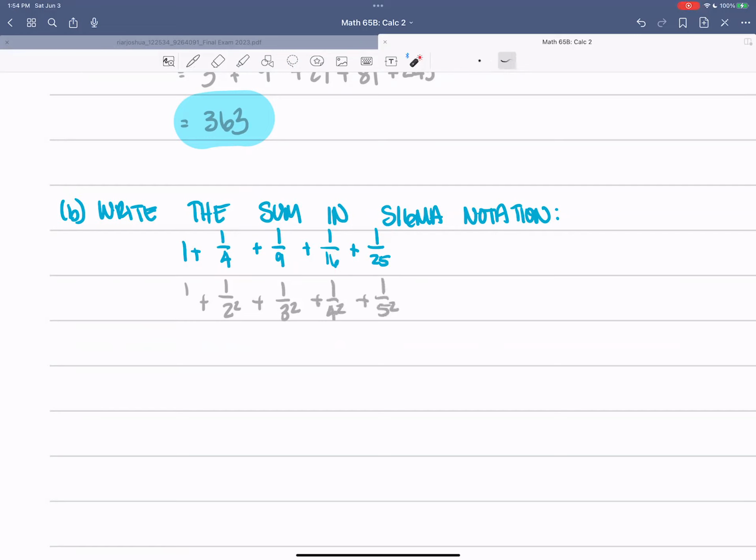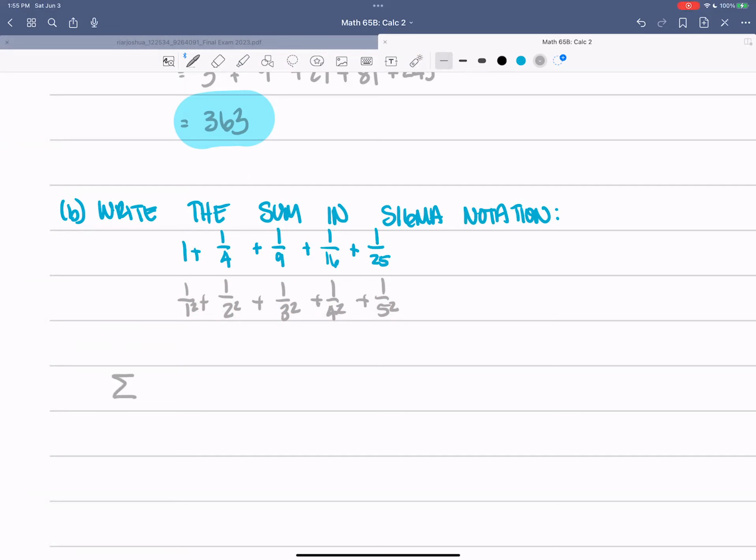And now that I think about it, this one right here, we could rewrite as 1 over 1 squared. So I see that we have integers 1, 2, 3, 4, 5, all of those, but reciprocal and in order from 1 to 5. So what I'm thinking is we could actually just write it in that way.